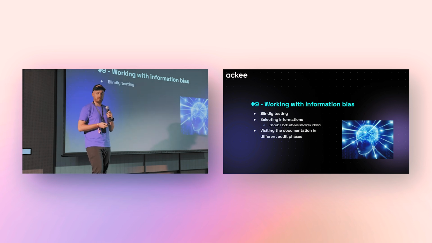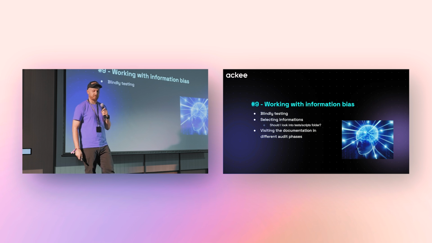We are working a lot with information bias, where, for example, when I was talking about early fuzzing, it's some sort of blind testing where we just went very quickly through the documentation, what the project is about. And without any knowledge, we just started deploying that and trying to do some things.